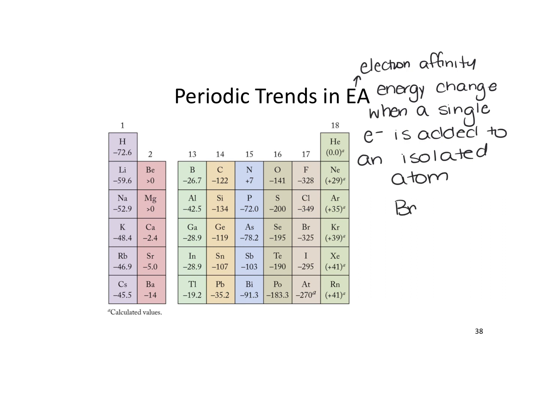So, for example, you have bromine, you add an electron, and now you have bromine minus.